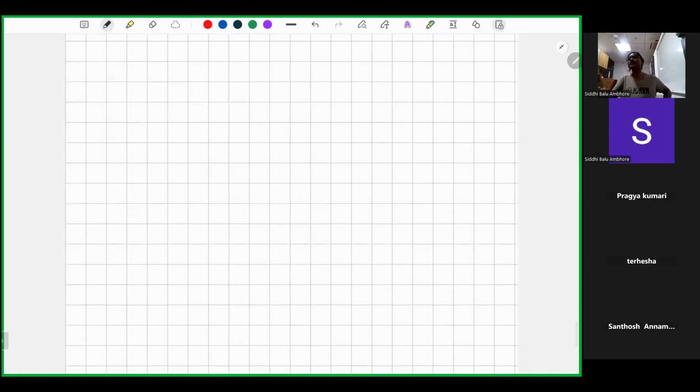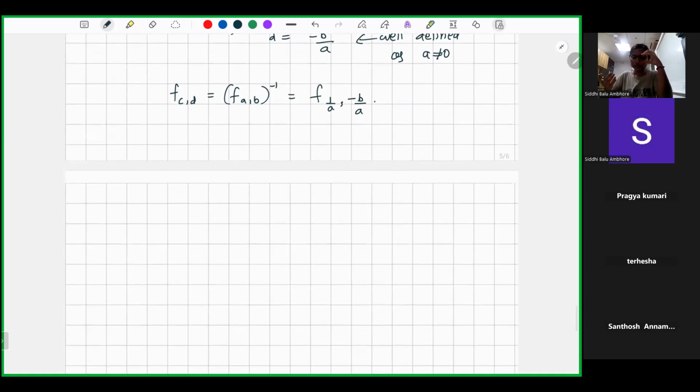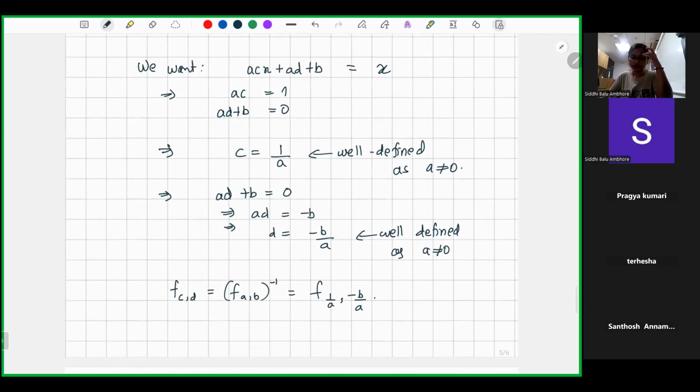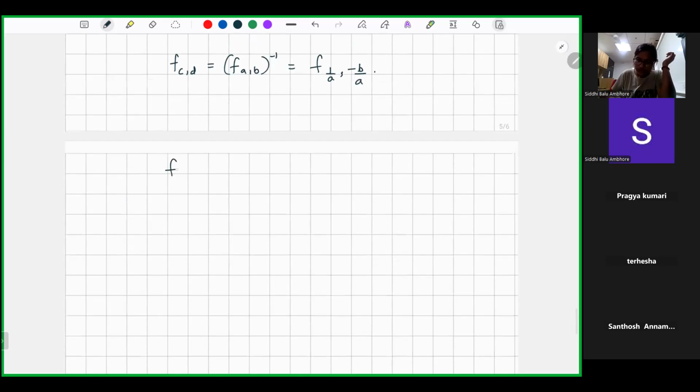Let us check whether we calculated this inverse correctly or not. So f(a, b) composed with f(1 by a, minus b by a) will be f(a, b) of (1 by a)x plus minus b by a.